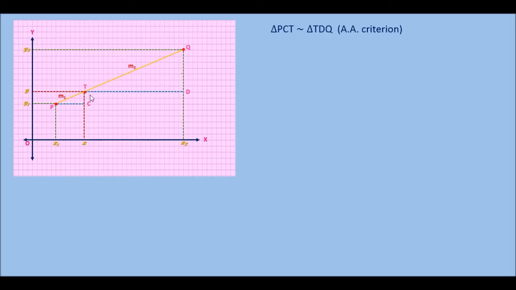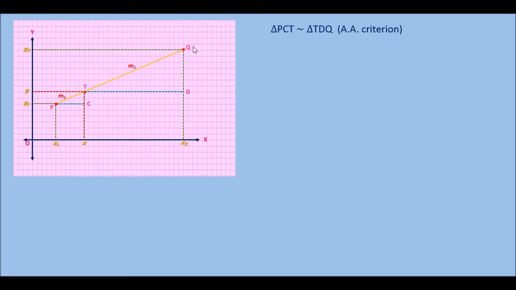These two are parallel lines PC and TD, therefore these two angles QTD and angle TPC are corresponding angles, hence equal.